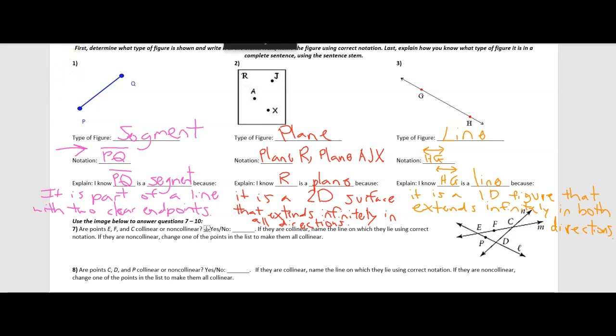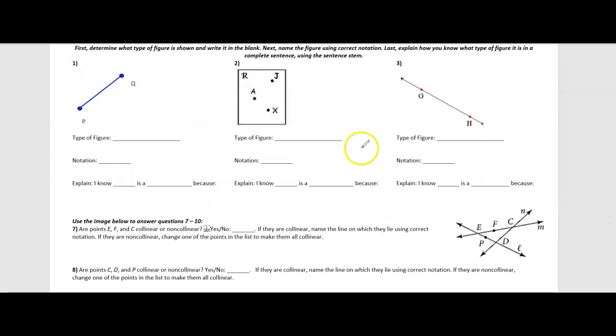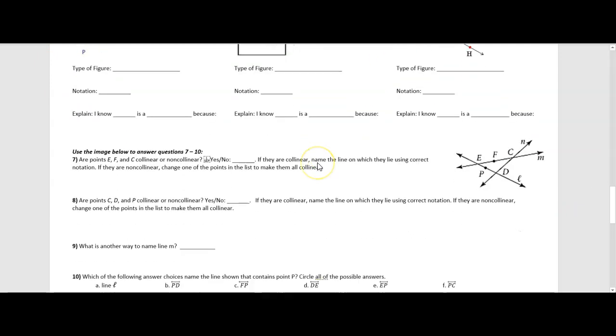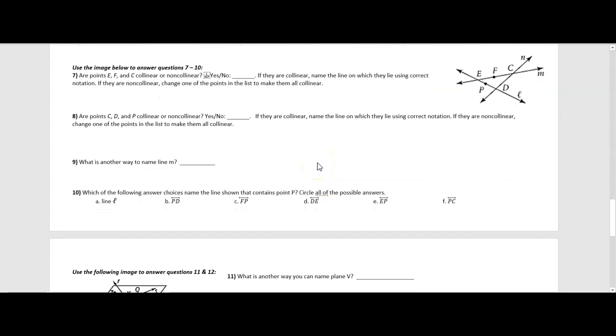Okay, let's look at numbers 7 and 8. So we're using the image below to answer questions 7 through 10. First question is, are points E, F, and C collinear or non-collinear? And I just realized I gave you a yes or no question. That's not accurate.